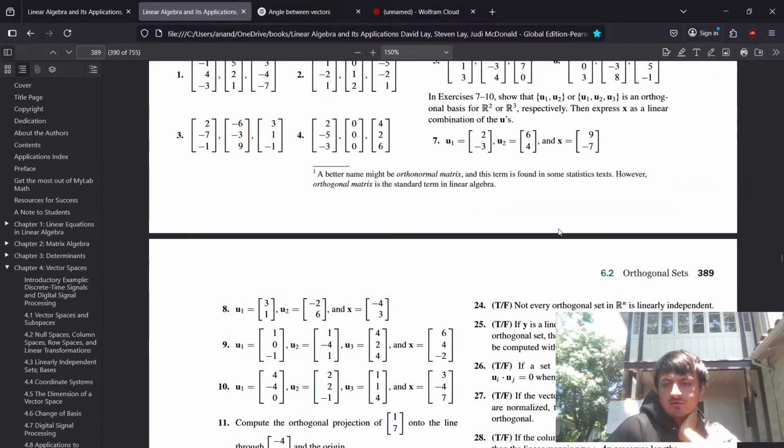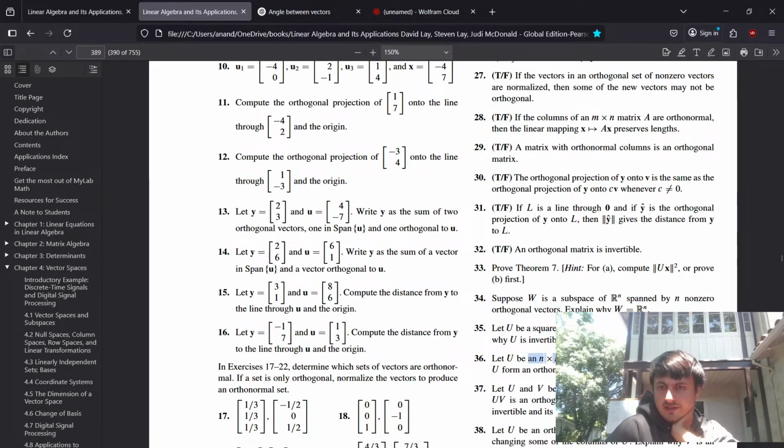Wait, if it's square with ortho... Oh, yeah, it's an orthogonal matrix. Show rows of U form an orthonormal basis of Rn.